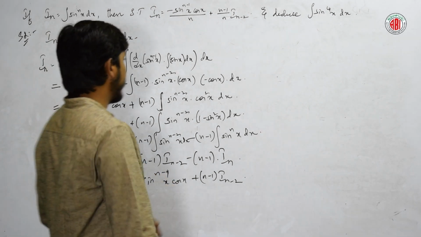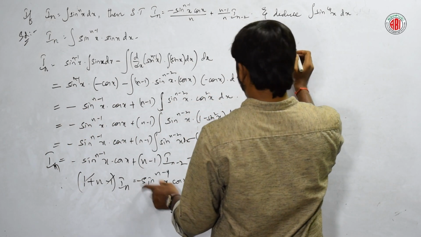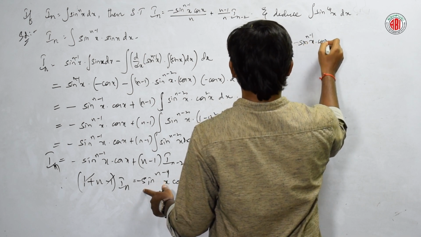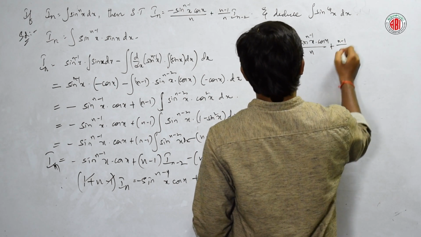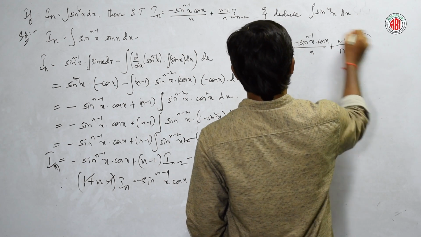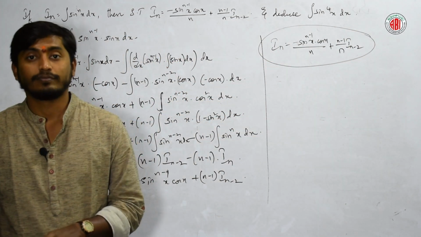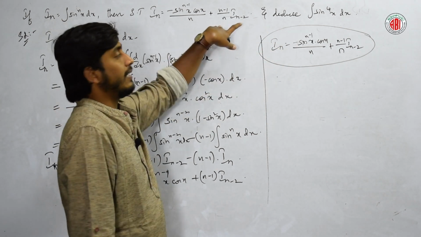If I send n this side, what do I get? In is equal to minus sin power n minus 1 x cos x whole divided by n plus n minus 1 by n I n minus 2. This is what they asked us to prove. Yes, so this is what In is.